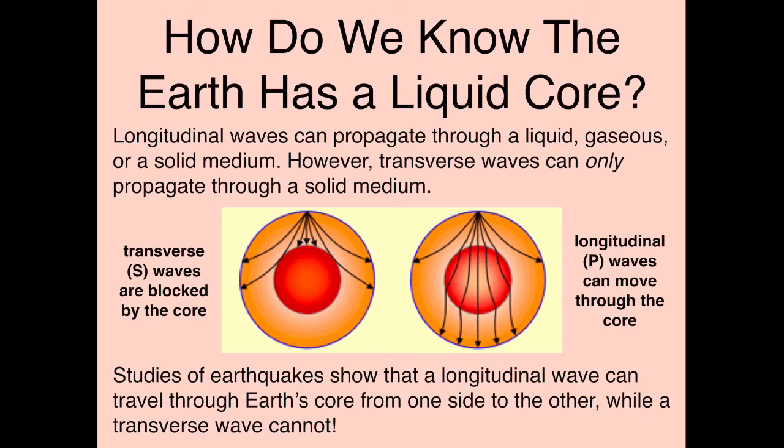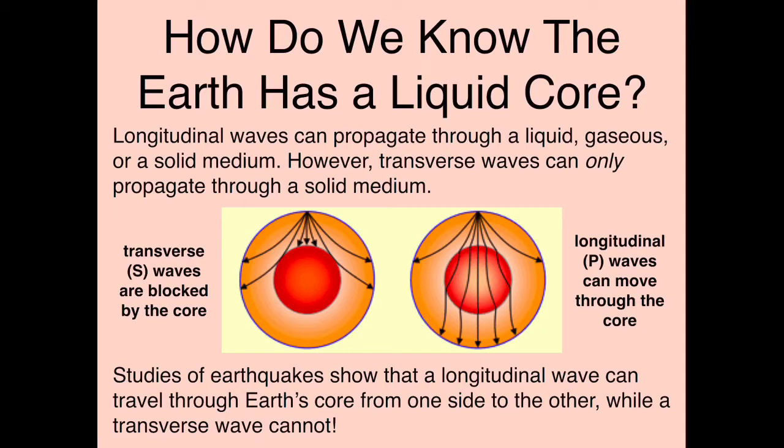It has different layers, okay? And the layers may be made of different materials, but the outermost layers are all solid rock, whereas the innermost core of the Earth is liquid. In other words, the temperatures are so high in the core that what would normally be solid rocky material is now liquid. So how do we actually know that?